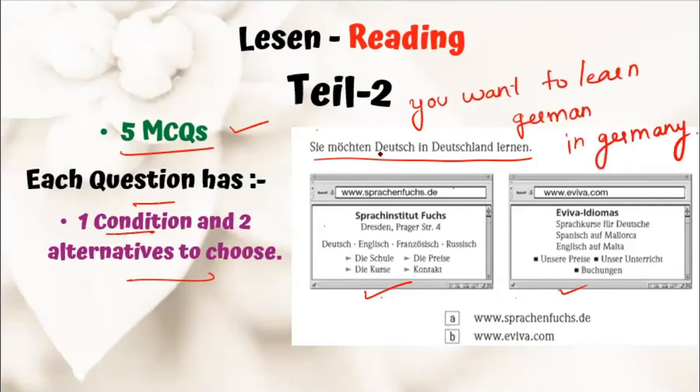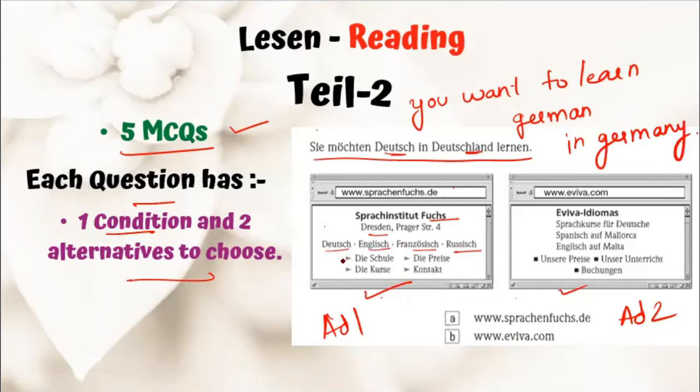Now there are 2 advertisements: advertisement 1 and advertisement 2. In this, there's one Sprach Institute. This is the name of the institute, Sprach Institute, meaning language institute. It is in Dresden, and you can learn Deutsch, English, Französisch, Russisch, like German, English, French, and Russian.